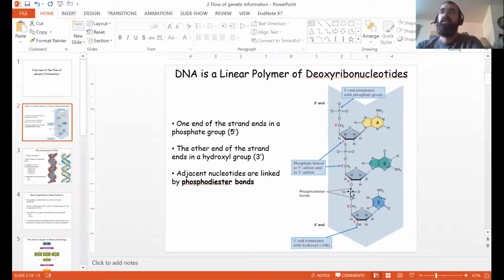This is the structure of DNA. It's not the information. The information is encoded by the nitrogenous bases, and these nitrogenous bases are responsible for the information in DNA. This is the information, these 4 bases: adenine, cytosine, guanine, and thymine. They're also responsible for the hydrogen bonding between the opposing strands.